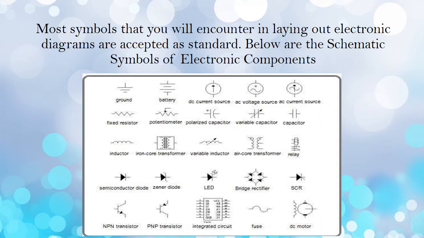So we have the ground, the battery, the DC current source, AC voltage source, AC current source, fixed resistor, potentiometer, polarized capacitor, variable capacitor, capacitor, inductor, iron core transformer, variable inductor, air core transformer, relay, semiconductor diode, Zener diode, LED, bridge rectifier, SCR, NPN transistor, PNP transistor, integrated circuit, fuse, and the DC motor.